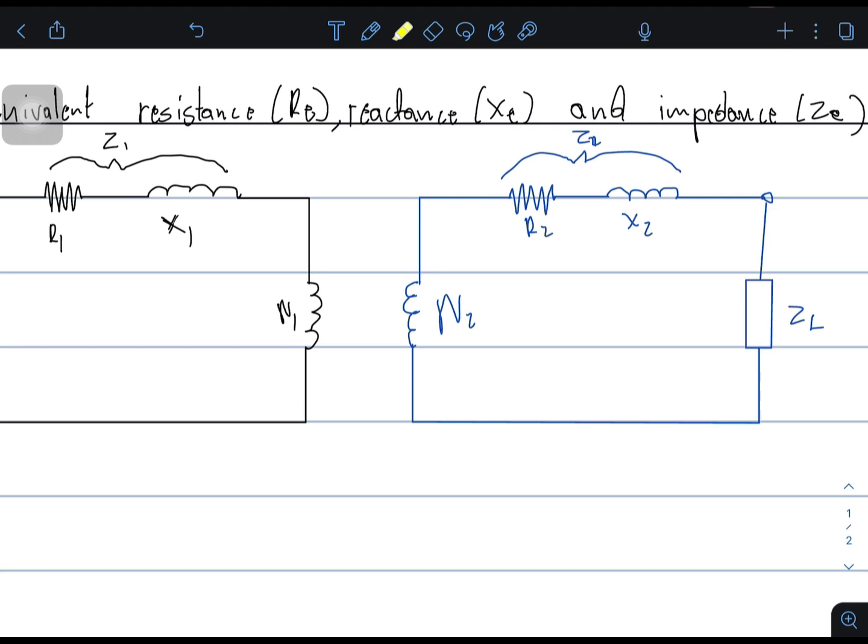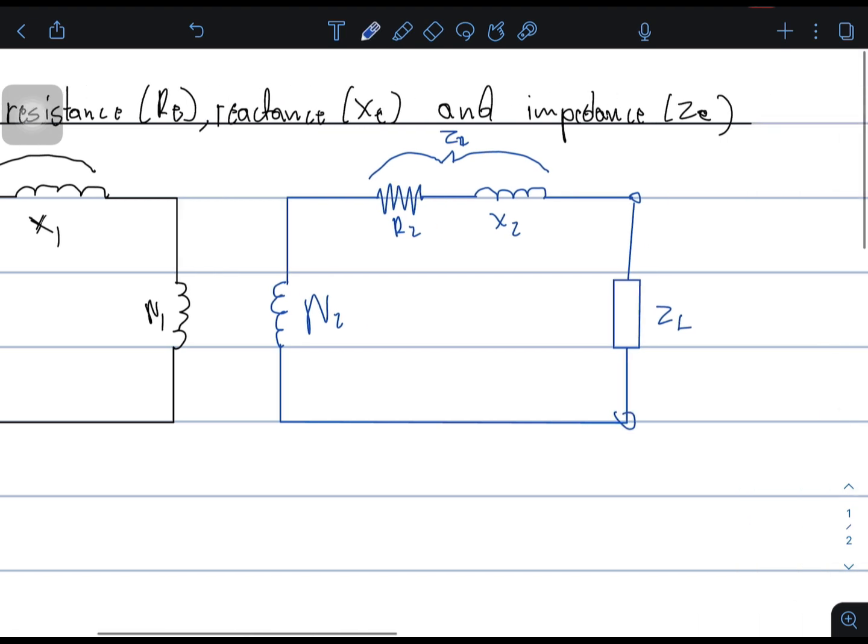Okay, then I showed there that when a transformer is at no load and when it is at load, the influence of the type of load, meaning is this load inductive, capacitive, resistive, and how it impacts the current that is drawn by the secondary winding.